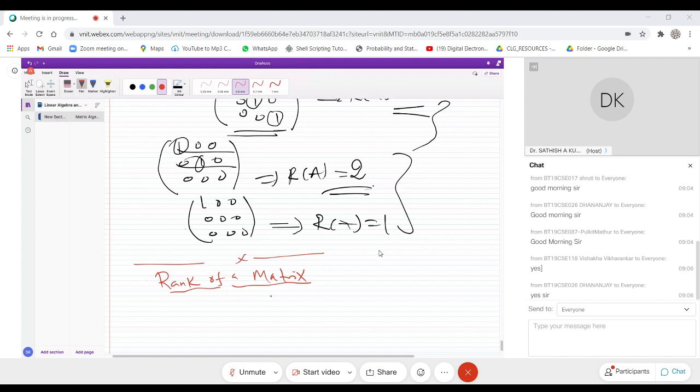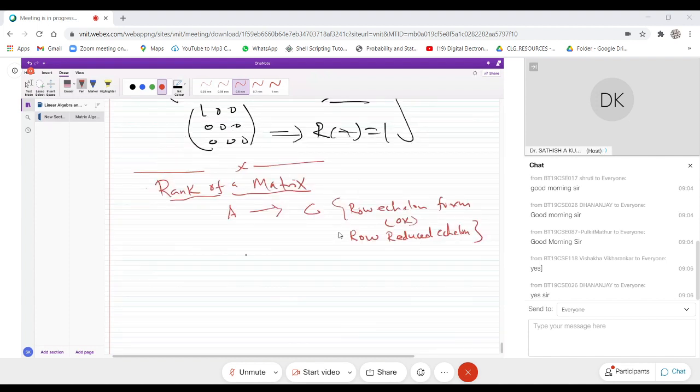Okay, so any matrix A is given. After elementary row operations, we have a matrix C, which is nothing but the row echelon form or row reduced echelon form.